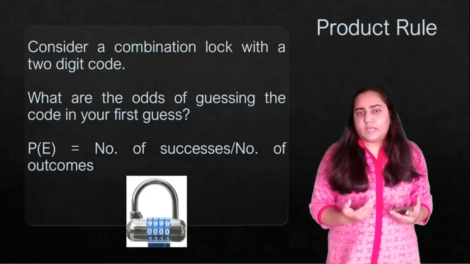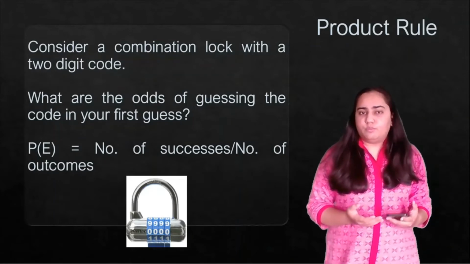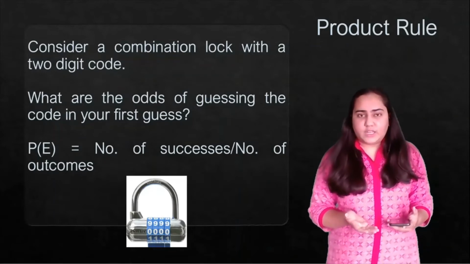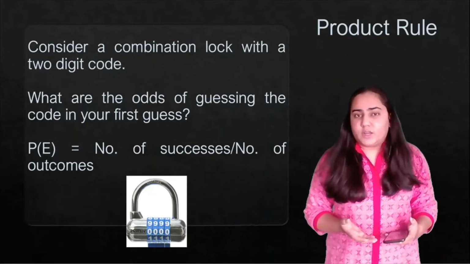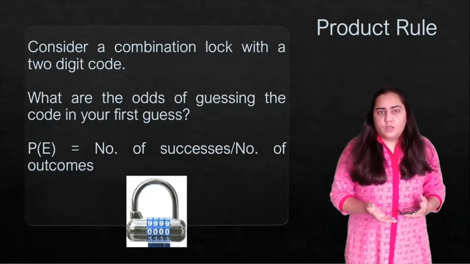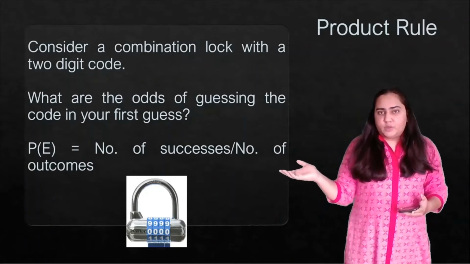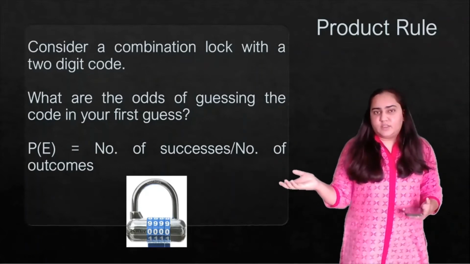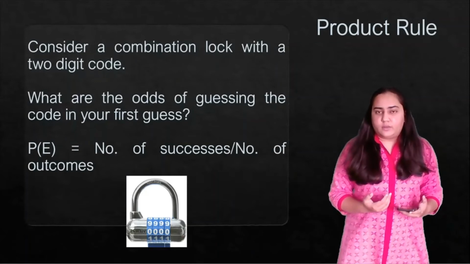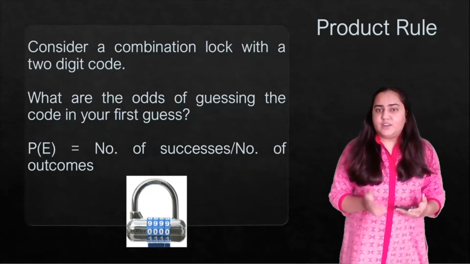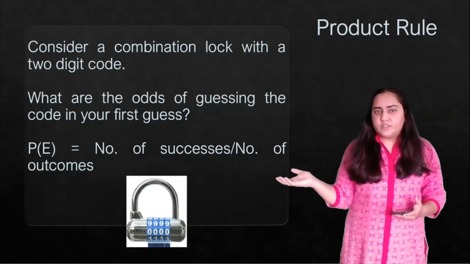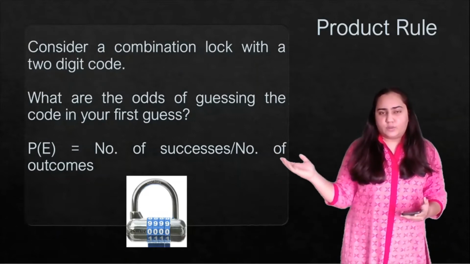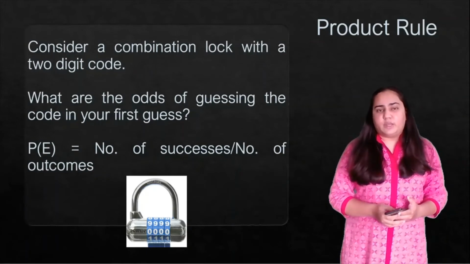If you were to guess the correct code, what would be the probability of getting it correct in the first guess? First of all, the probability of E, which means the event that I guessed the lock code correctly in my first guess, is equal to number of successes divided by number of outcomes.